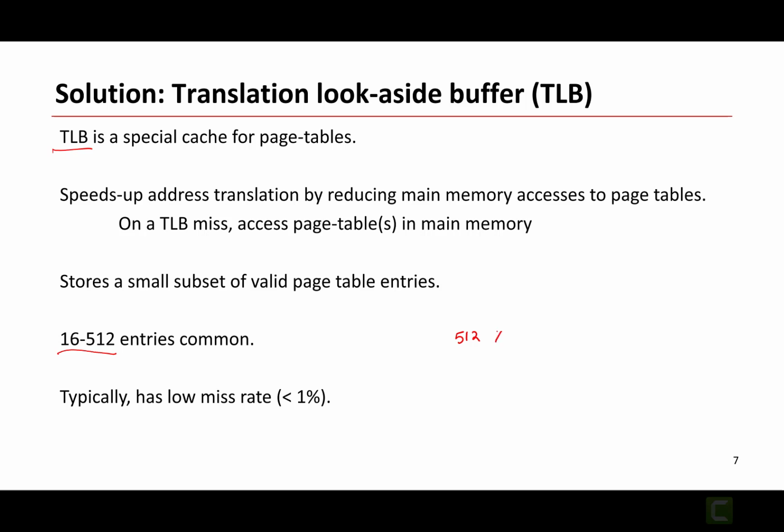And if I say each page is of size 2 to the power of 12, which is the typical page size in modern operating systems, 4 kilobytes, then this is a fairly large amount of address space that you're able to translate with a very small structure. And that's why even with small TLBs, the TLB miss rates tend to be much lower.